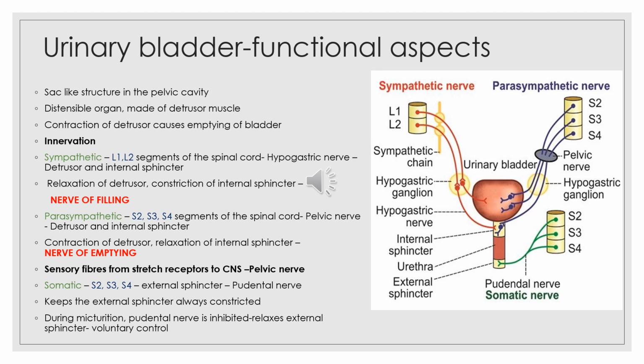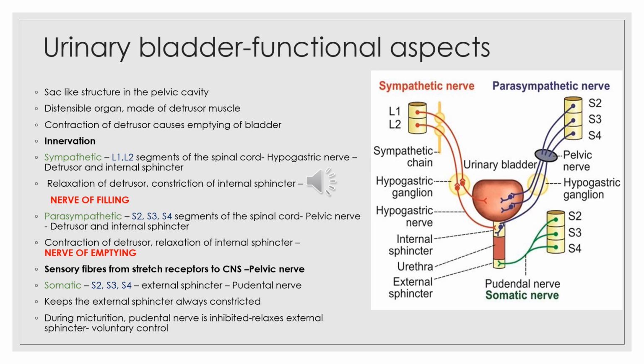And during micturition, what happens is that this pudendal nerve will be inhibited. So the pudendal nerve keeps the external urethral sphincter in a constricted state, and when this nerve is inhibited, there will be relaxation of the external sphincter leading to voiding of urine. So the pudendal nerve is responsible for the voluntary control of micturition.